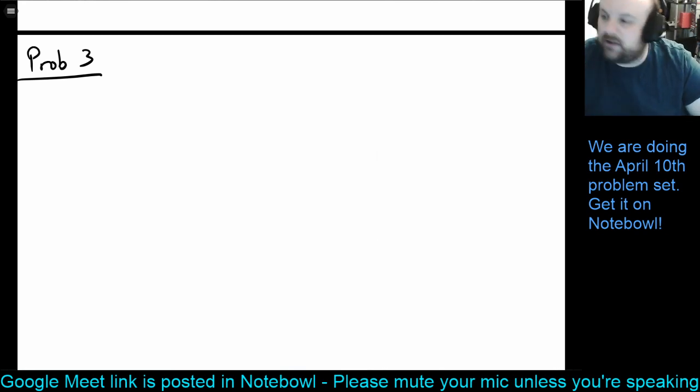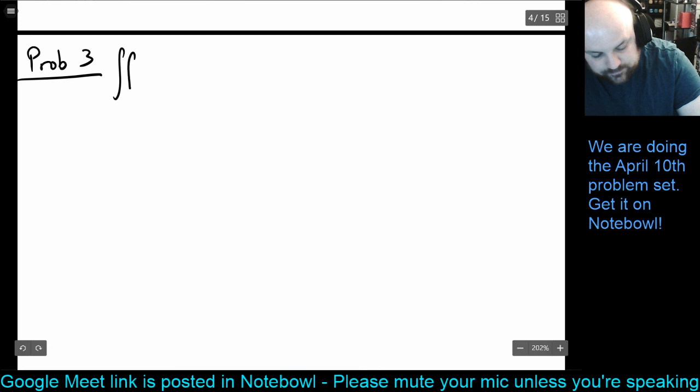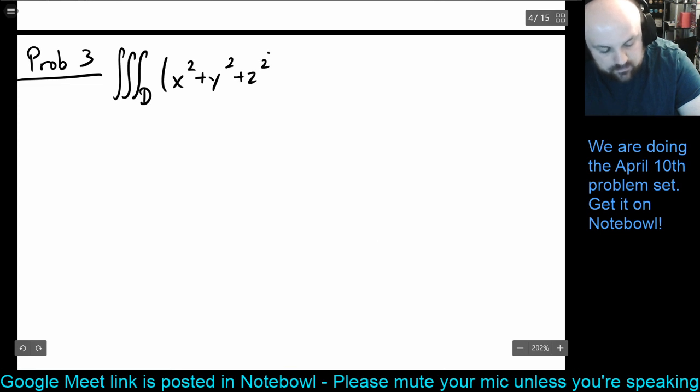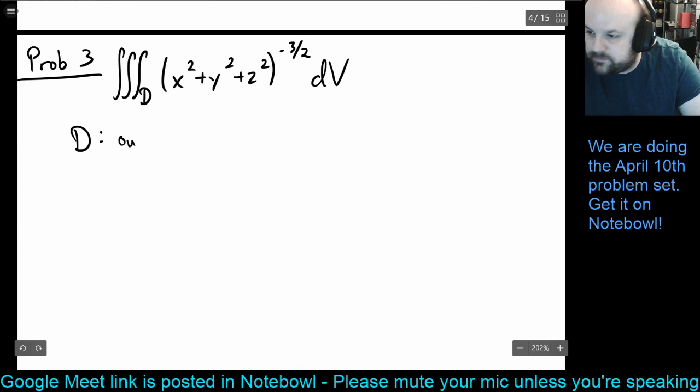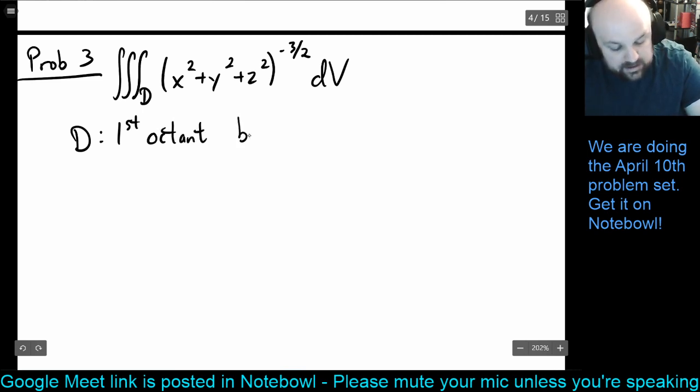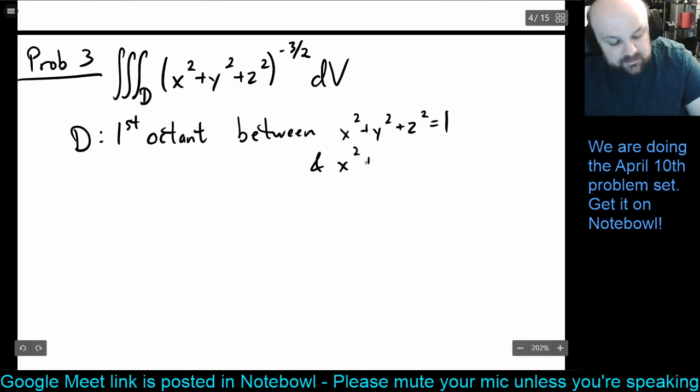All right. So the next problem, we're trying to evaluate this integral dV, where D is the region in the first octant and between the spheres x squared plus y squared plus z squared equals 1, and x squared plus y squared plus z squared equals 2.